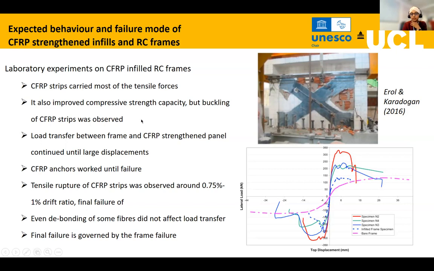However, even with failure of a few fibers or strips, CFRP was still able to continue the load transfer until the very last failure, which occurred at very high deformation ranges, such as 1% drift ratios. So it is an effective and very less invasive retrofitting technique, because it doesn't always require people to be removed for a long period of time.